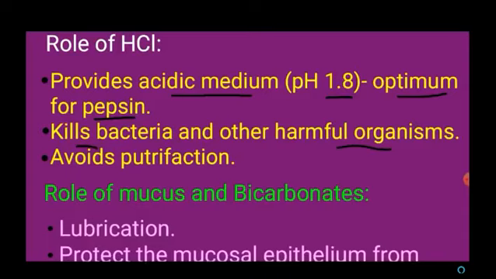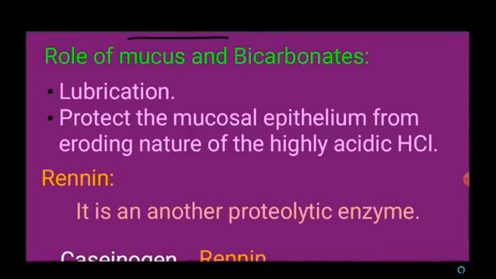Also the hydrochloric acid avoids putrefaction. Now we are going to see about the role of mucus and bicarbonates. These substances help to lubricate the food materials in order to pass the food materials easily from stomach to intestine. And also it protects the mucosal epithelium from the eroding nature of highly acidic hydrochloric acid.